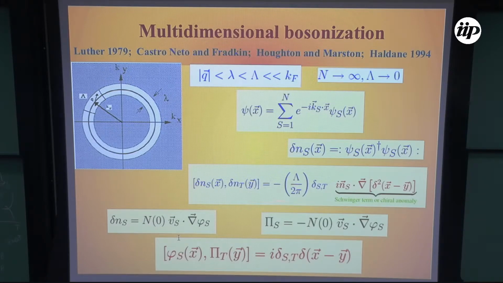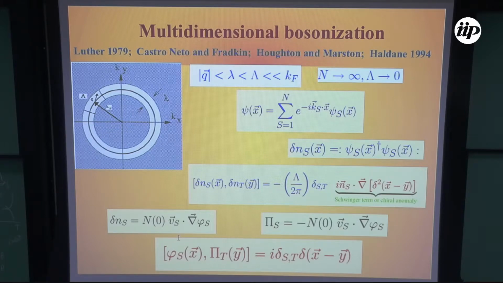Okay, the point is that you can solve this algebra in terms of canonical oscillators, essentially. You define this field here, phi, you compute the canonical momentum, and the commutators are essentially usual. You have a bunch of chiral bosonic fields at each patch.